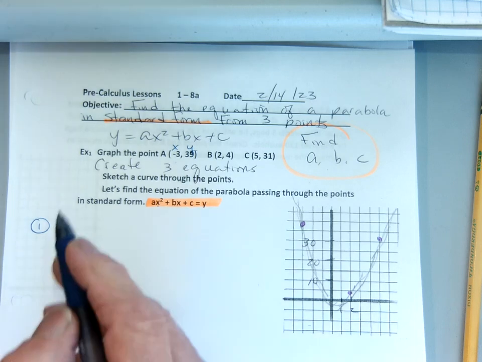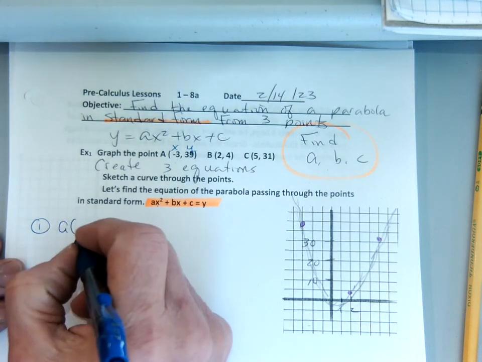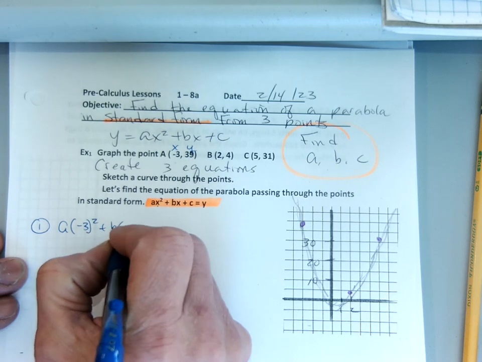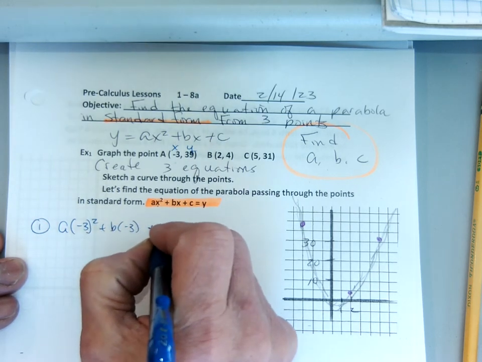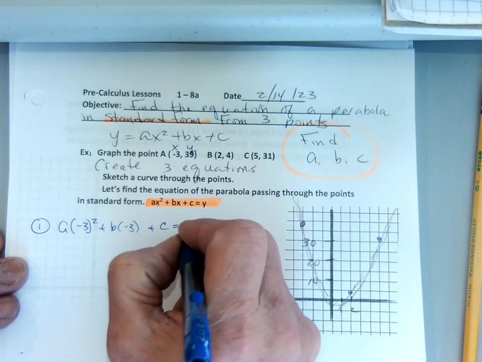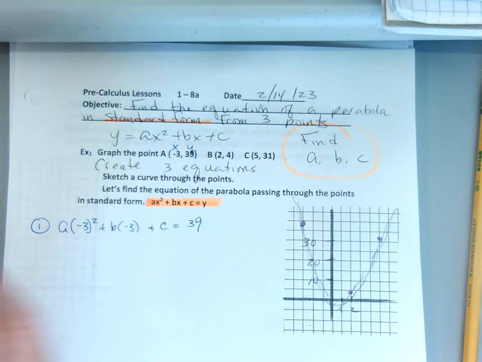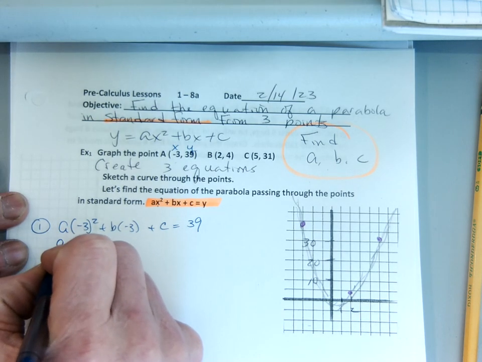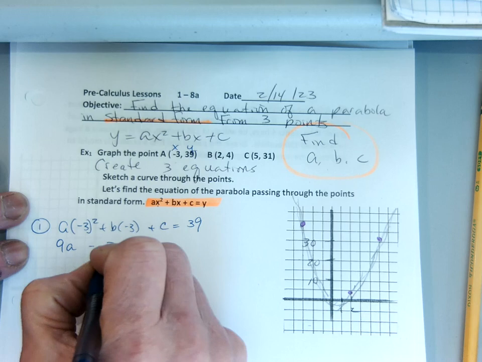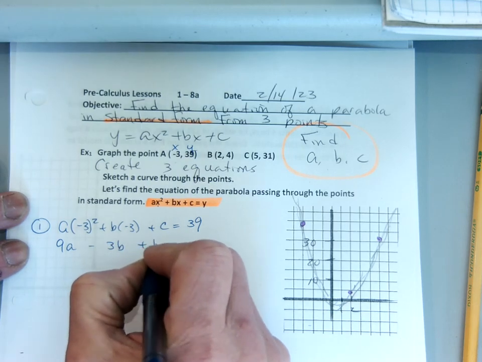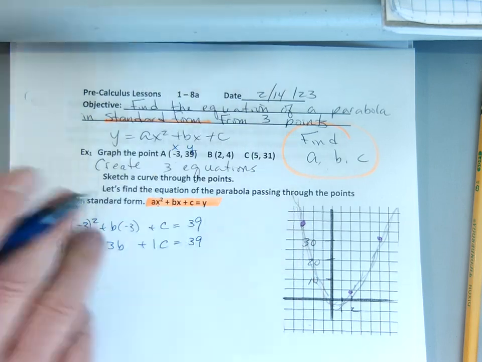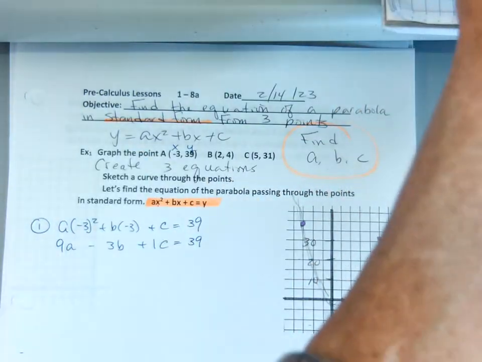Okay, so let's do that. I'm going to have a times -3 squared plus b times -3 plus c equals 39, okay? And if I simplify that, I'll have 9a minus 3b plus 1c, I really want to put the 1 there, equals 39, okay? And I'm going to come back to that.